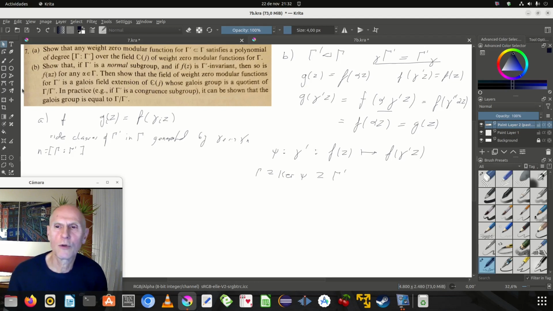Oh, so we do it for any gamma in gamma, and then the kernel lies between, for any in gamma mark, this is the identity map.